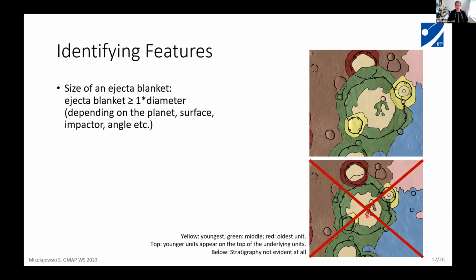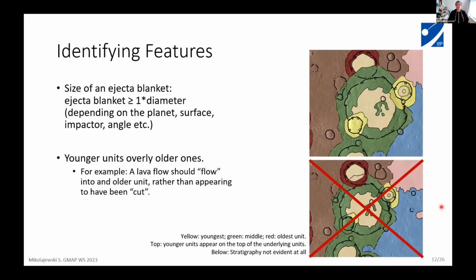This down here is how you don't do that, because that's wrong. Younger units overlay older ones, and for example, if you have a lava flow, the lava flow should flow into the older unit rather than appearing to have been cut off from the older unit.